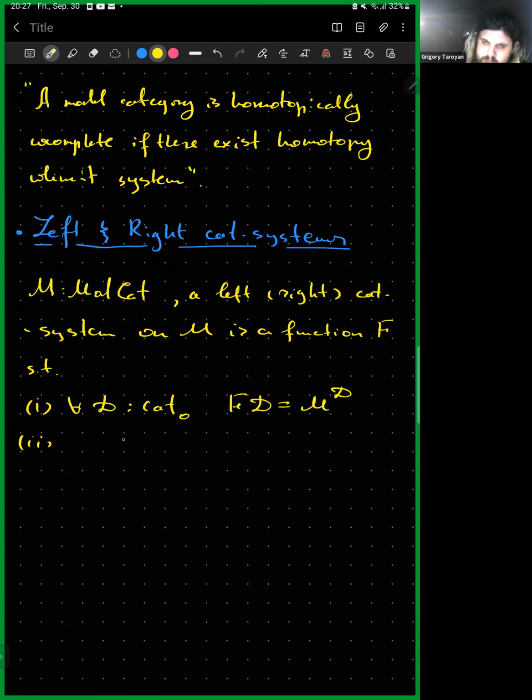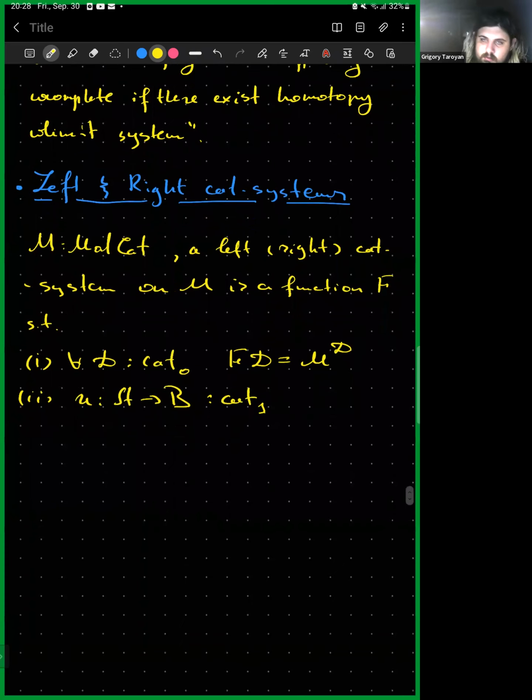Second, if we have a functor u in the category of small categories, then it's of course not necessarily homotopical, although those categories are themselves not necessarily homotopical, so it doesn't really matter. We obtain a functor fu between diagram categories.